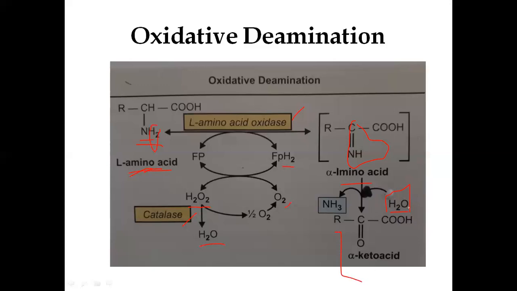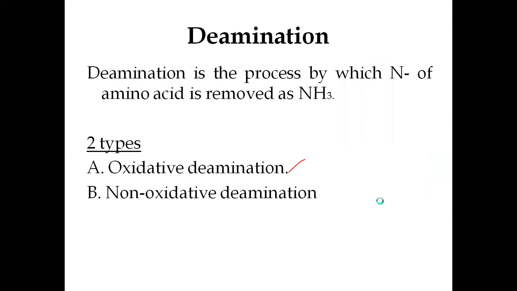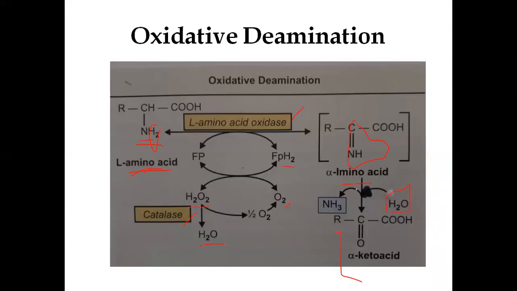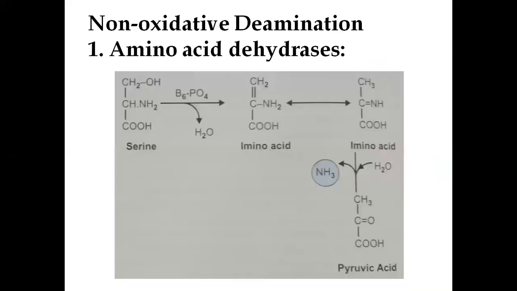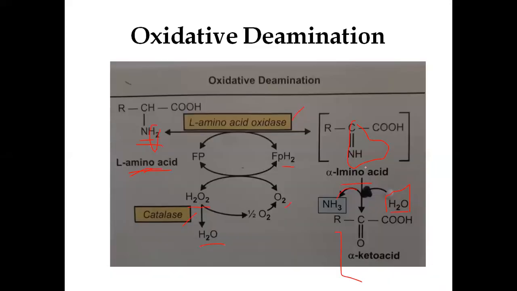So it combines with the molecule of water, and it removes the NH in the form of NH3, and the remaining skeleton will be having R C double bond O COOH. This is the keto acid.